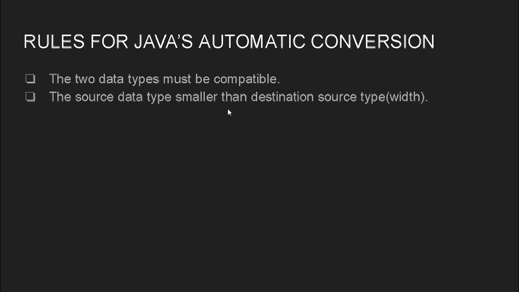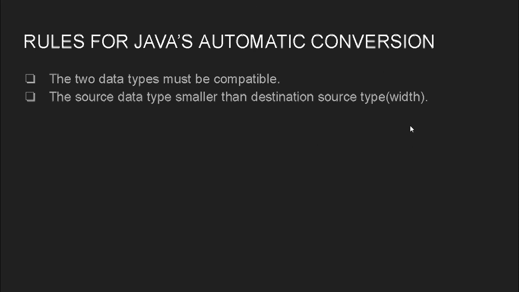And the source data type is smaller than the destination type. Like I said, if you're trying to store an integer data type into a long data type, the source data type is integer and the destination type is long. The width of the source data type is 32 bits if I talk about int, and if I talk about long, it is 64 bits.